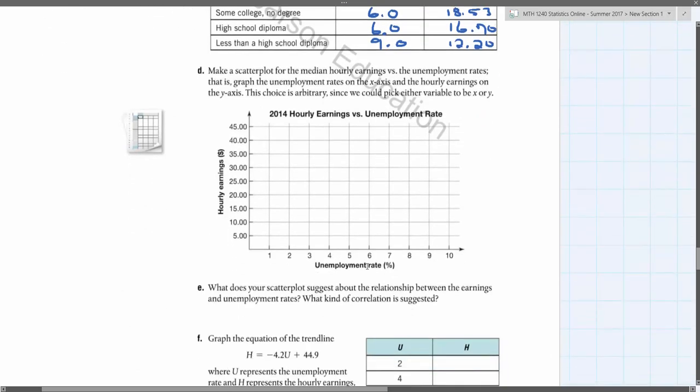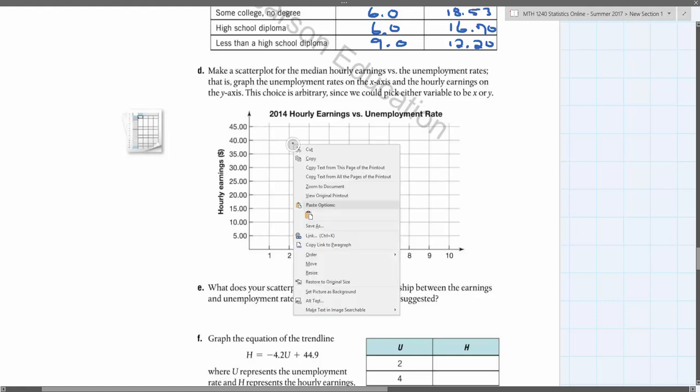So in part D, we're just plotting these points on a scatter plot. We have the unemployment rate as the x-axis and hourly earnings as the y-axis. So let me plot these really quick. We have 2.1 and 39.78, so maybe somewhere around here.